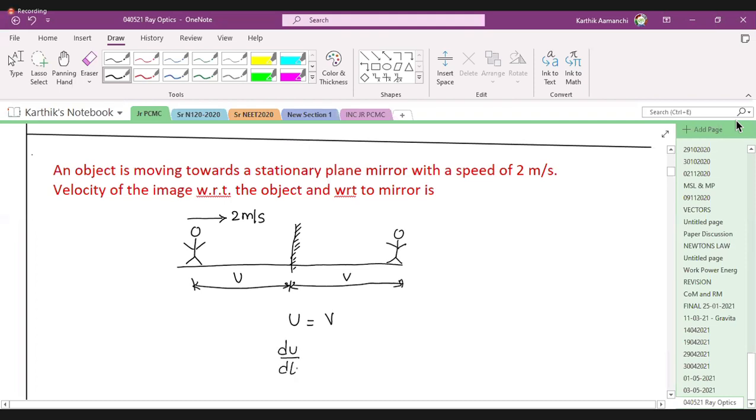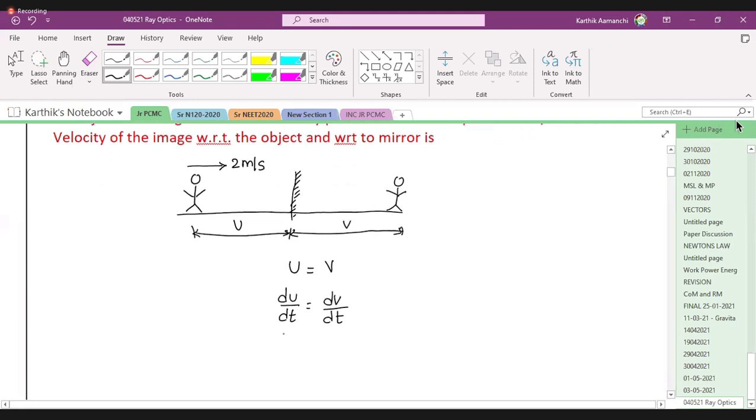du by dt is equal to dv by dt. That means your object velocity should be equal to your image velocity. Okay? So if it is moving 2 meters per second towards the mirror, then if you move towards the mirror, your object appears to be moving towards you, right?